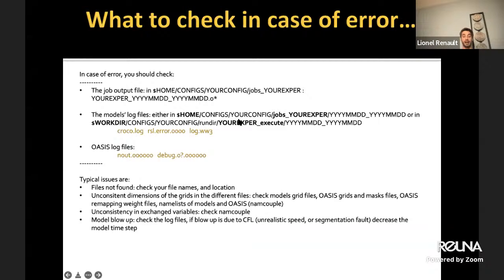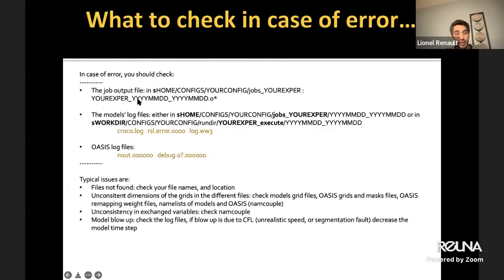So you may have some errors, of course. In that case, there are some files you really want to check. You have to come back to the home directory and to the jobs_experience, basically where we put all the log files.